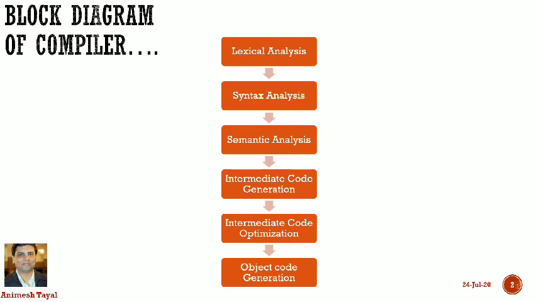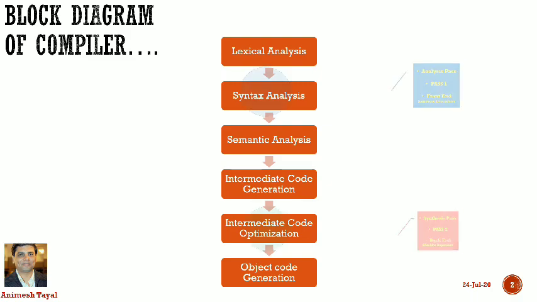So all the phases are connected serially so that output of one phase will be the input of next phase. So this is a pattern of compiler. And one more important thing is, in multipass compiler generally compiler have two pass, pass 1 and pass 2.